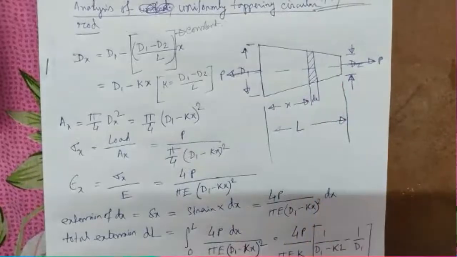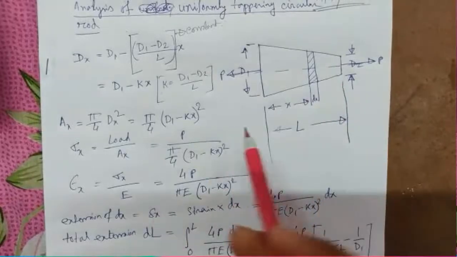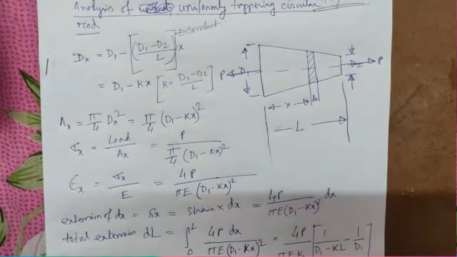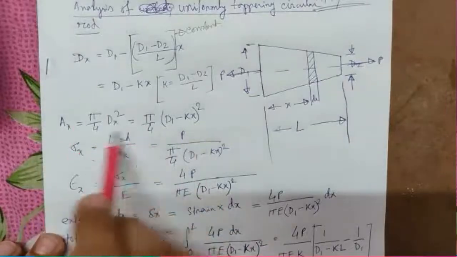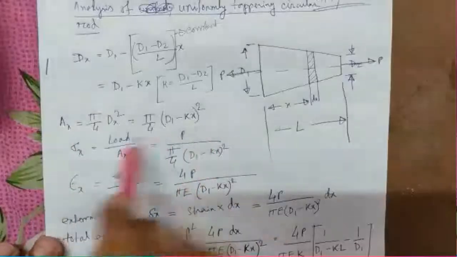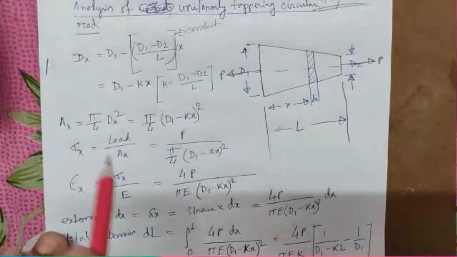If the bar was reducing in cross section this way, but of rectangular cross section, in such a case your only difference will be in this area, and the procedure will be the same.